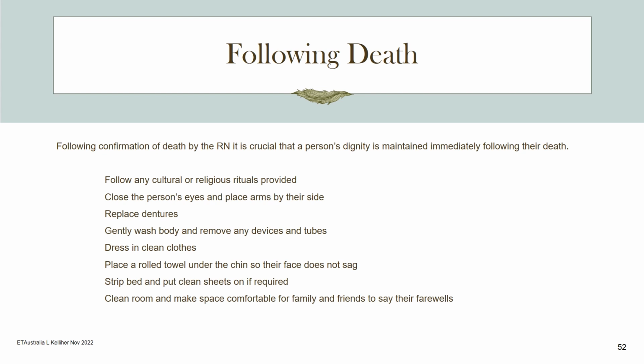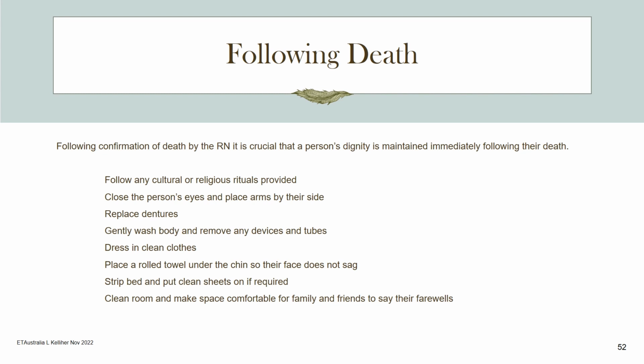So what we need to do, if possible, is to close the person's eyes. Some suggest place their arms down by their sides. Personally, I like to have their arms up under their chin with their hands together, one hand out of the sheet so the family can hold on to the hand, but either would be acceptable.